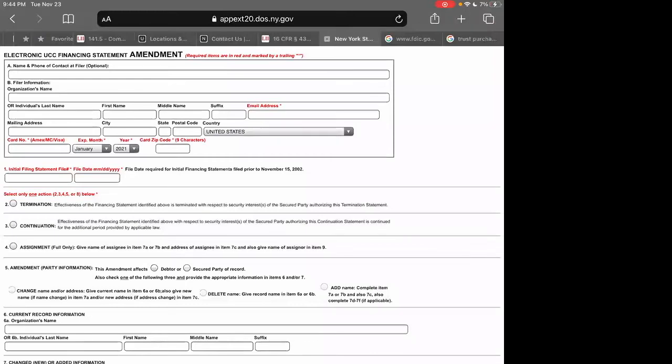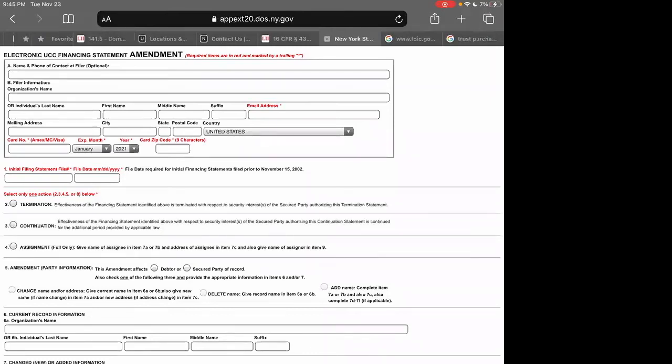And you politely let them know, listen, I operate as a trust, and that's all the information that I can really give you. Operating as a trust is completely different from operating as a person or as an individual, because the identification for a trust is not the same identification for an individual.